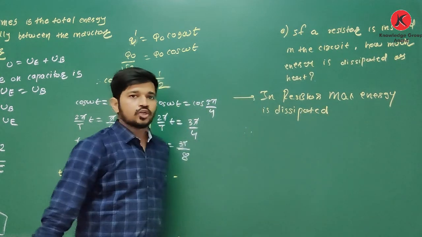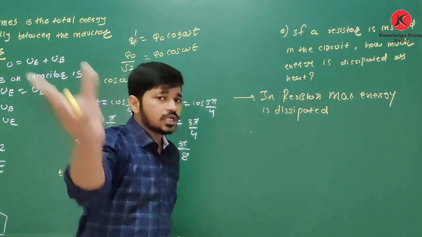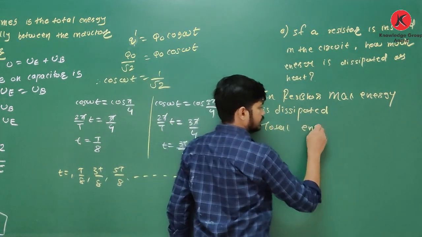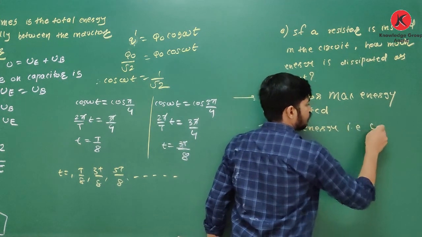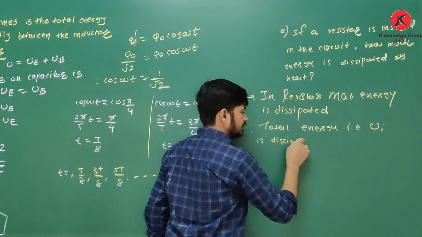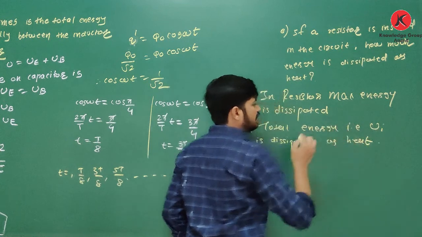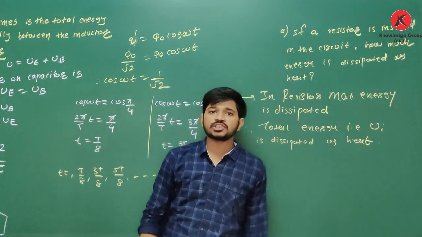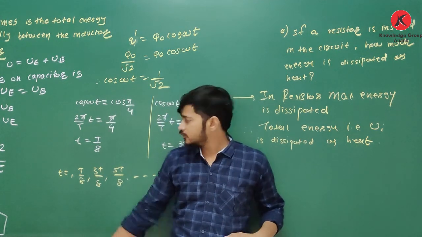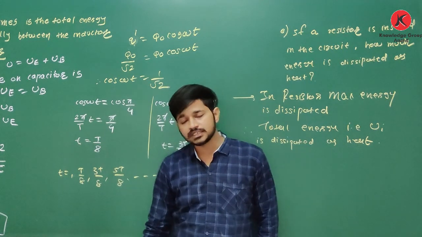So therefore, the total initial energy we have found in question number 1, that total energy, is dissipated as heat. So yes, it is one single question, exercise 7.12, and it is one important question. You have to remember this result particularly. Clear? So yes, for today, this is it.